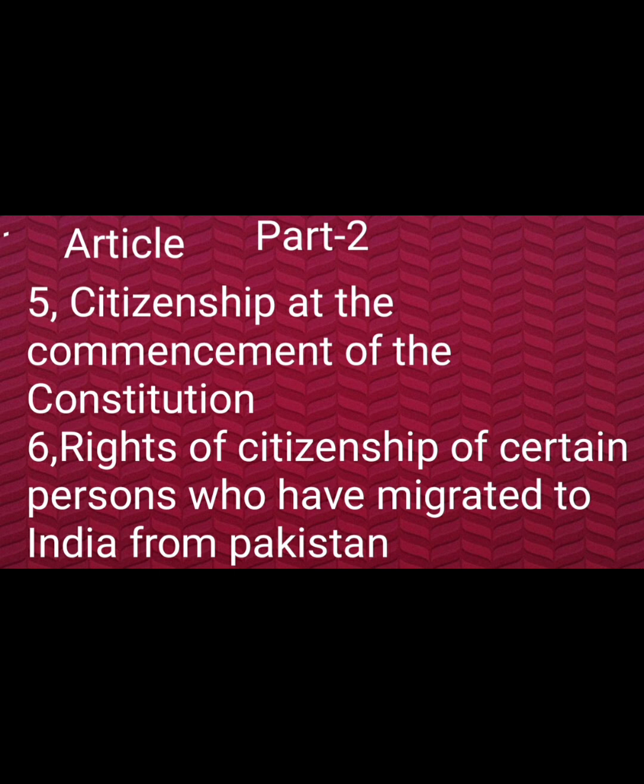In the case where such person has so migrated on or after the 19th day of July, 1948, he has been registered as a citizen of India by an officer appointed in that behalf by the Government of the Dominion of India on an application made by him therefor to such officer before the commencement of this Constitution in the form and manner prescribed by that Government. Provided that no person shall be so registered unless he has been resident in the territory of India for at least 6 months immediately preceding the date of his application.